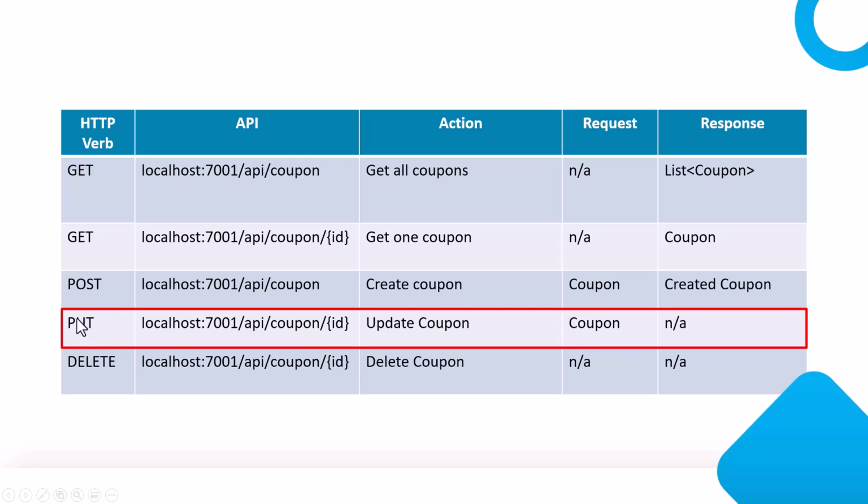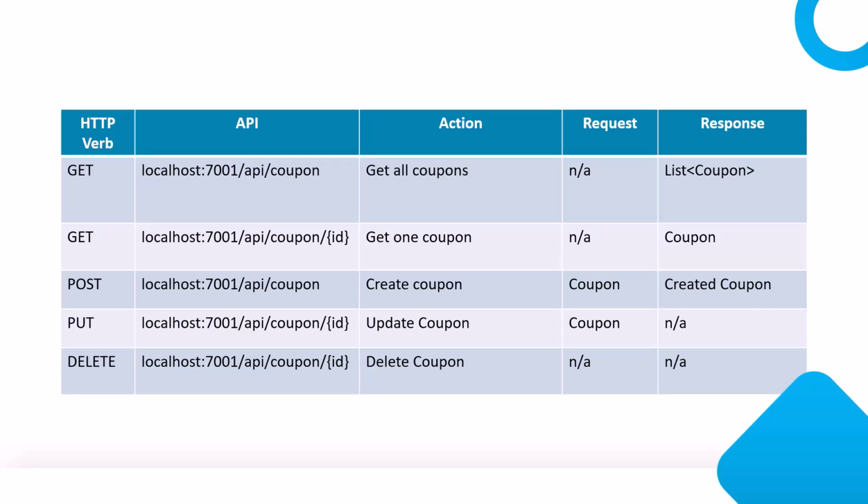Because of the HTTP PUT verb, in request we will require the coupon details that have to be updated. And once the API updates the coupon, it typically does not send any response like the updated coupon. If you want, however, you can send it, but that is not the typical route that is taken.